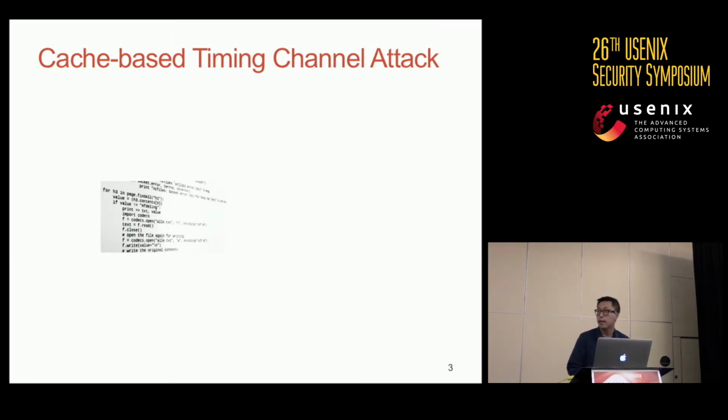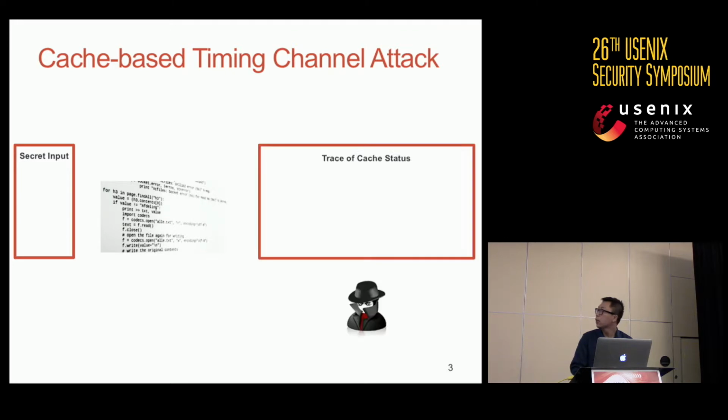So the general attack scenario is like this. Suppose I have a victim program which takes some secret as an input. And the attacker can either directly or indirectly observe the trace of cache status in terms of hit or miss. Suppose I give the program a secret, and the attacker observes a trace of hit or miss.